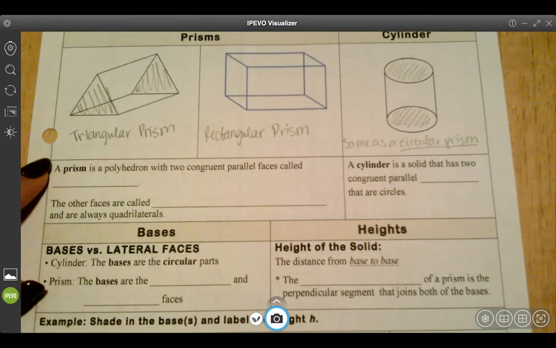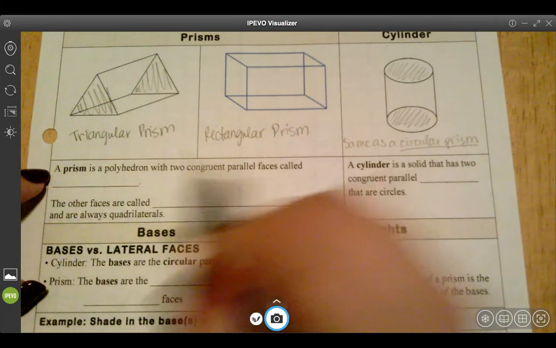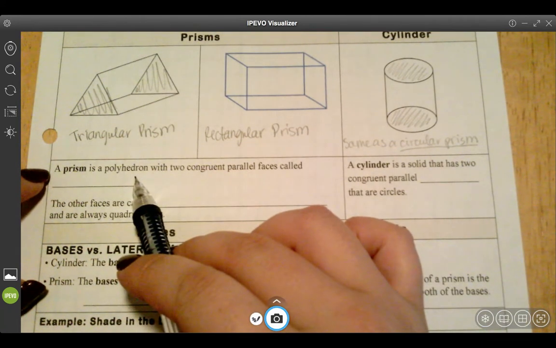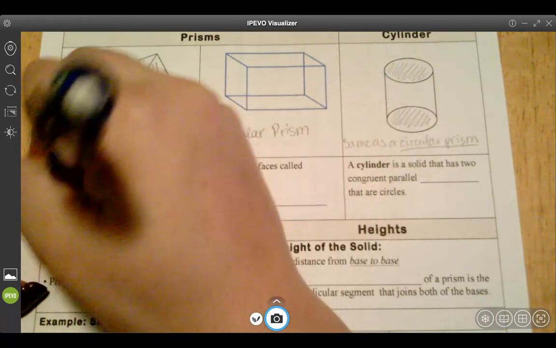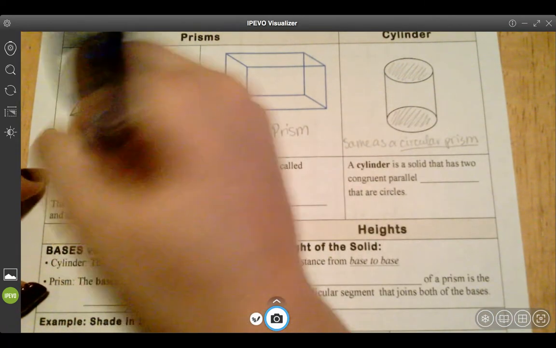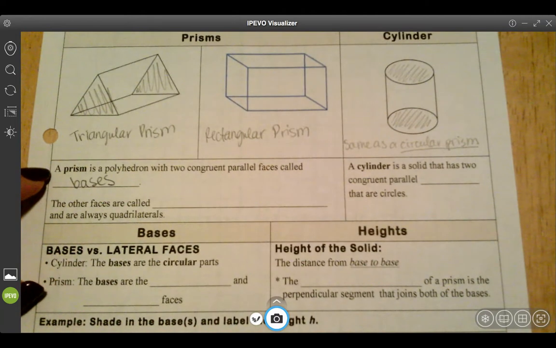So again, more definitions for a prism. A prism is a polyhedron, meaning multiple sides, 3-dimensional multiple sides. It has 2 congruent parallel faces. These are called the bases. So just like we had for our 2-dimensional figures, we had a side that we considered the base. These 3-dimensional figures will have a 2-dimensional side.